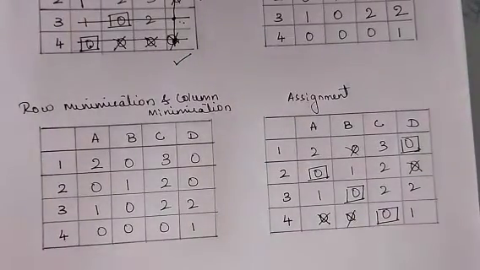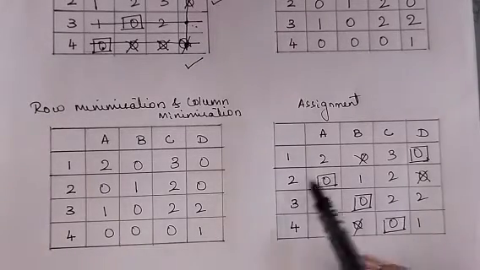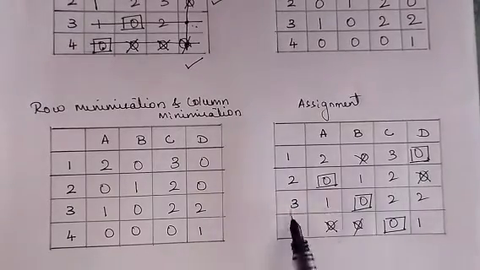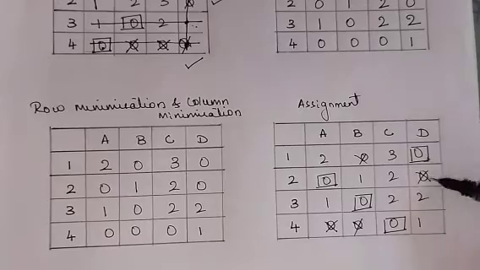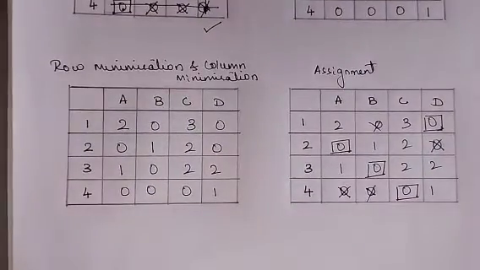Now let us see whether this is an optimal solution. To call this an optimal solution, we need to check whether an assignment has been made in each row and each column. We check: in row 1 we have an assignment, row 2, row 3 and row 4. Now column wise, in each column we have an assignment, so this is our optimal solution. So we have assigned the men to their respective jobs.